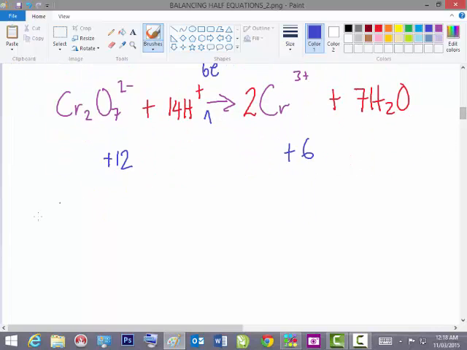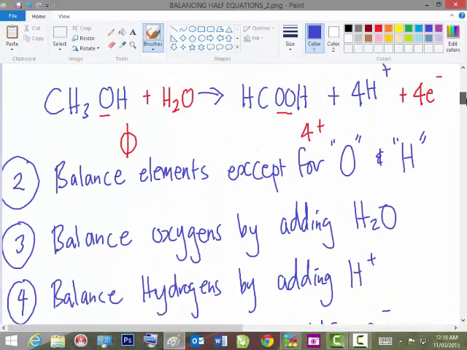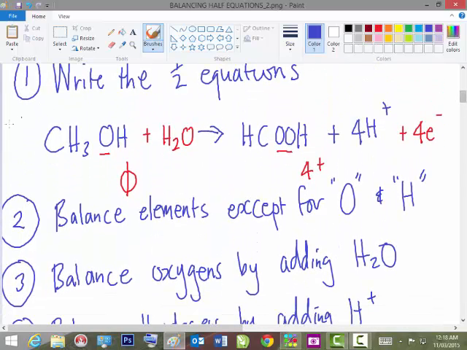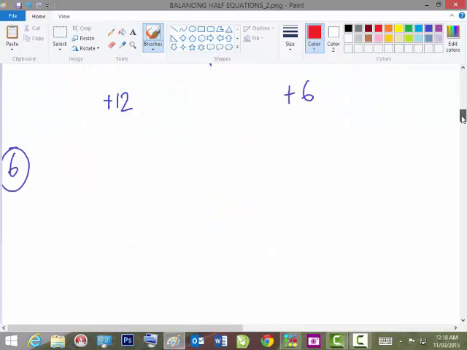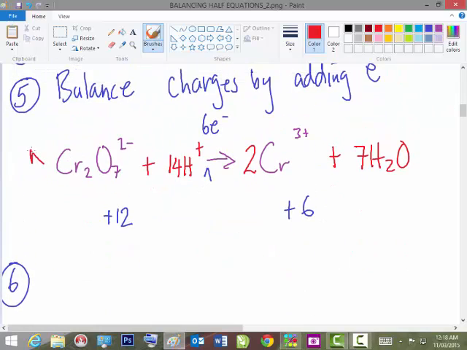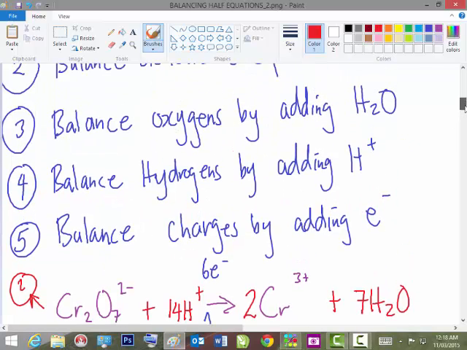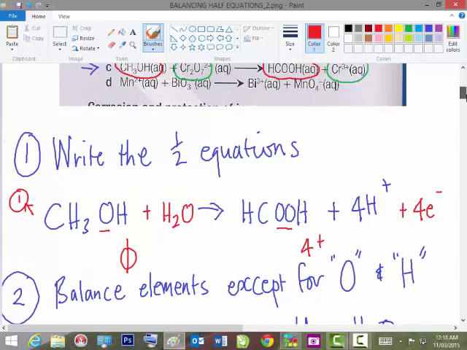Right. So the 6th step is we look at the 2 equations we have now. This is the first equation. This is the second one. And we look at how many electrons we have on each side.